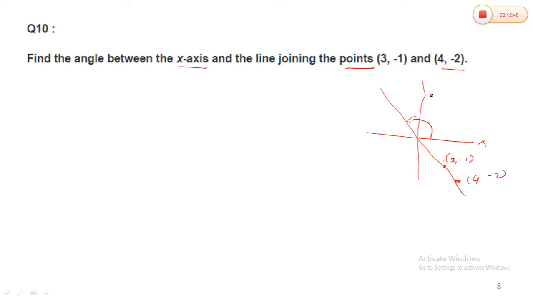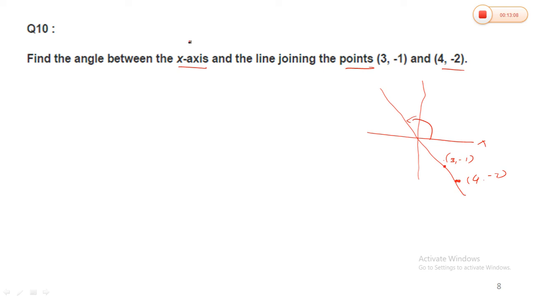So here you have to find this angle, so naturally slope must be negative.